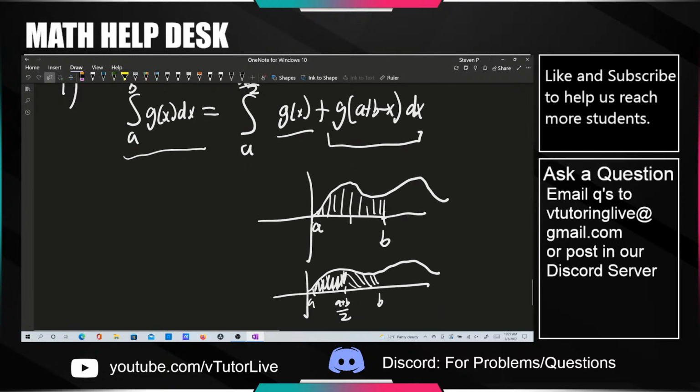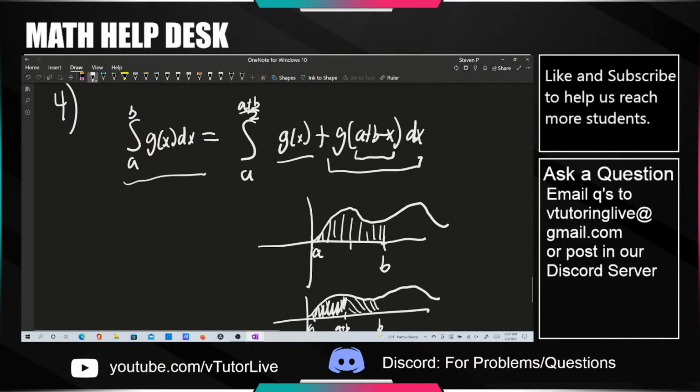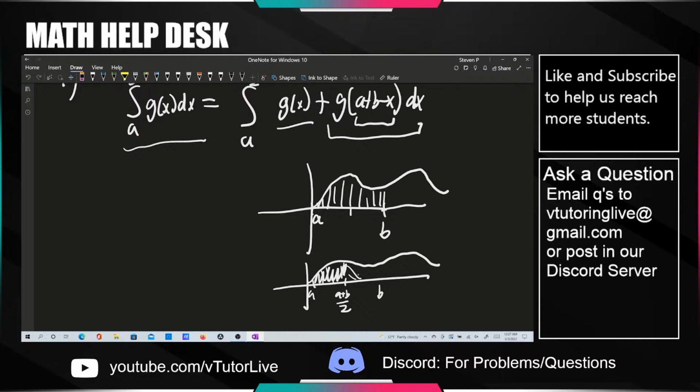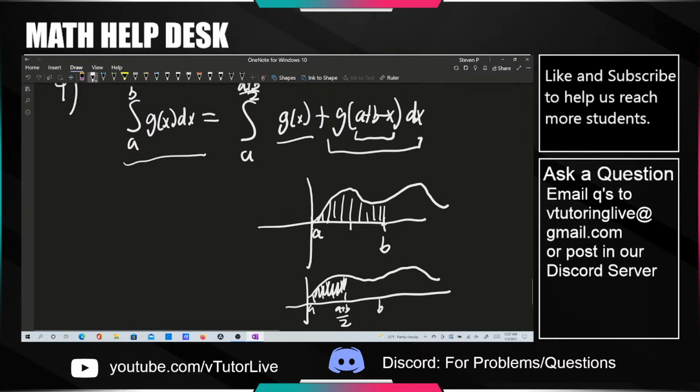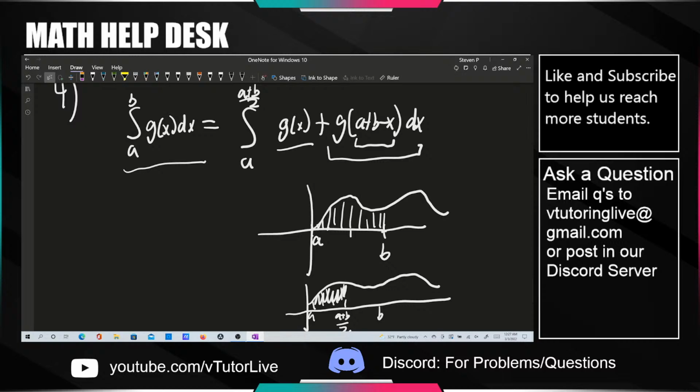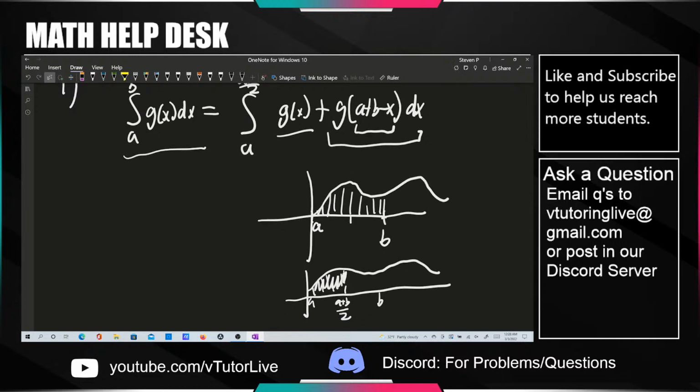How do you put it? It's kind of intuitive, right? Like this a plus b minus x thing, going from a to a plus b over 2.